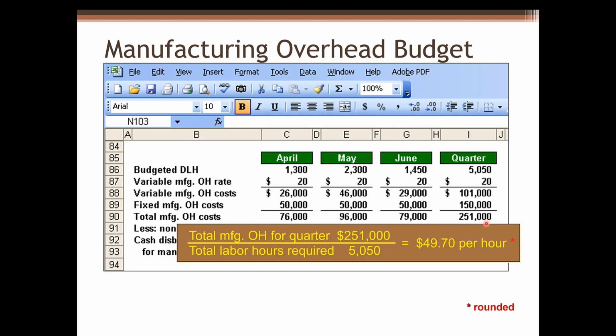So here, we can use total MO costs for the quarter divided by total direct labor hours required. We divide 251,000 by 5,050 hours. And we can get a predetermined overhead rate of $49.70 per direct labor hour. This is a rounded number.